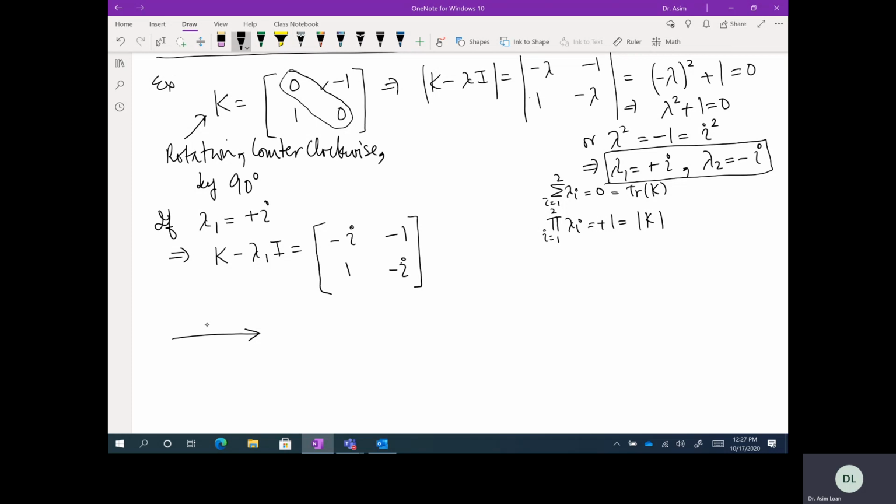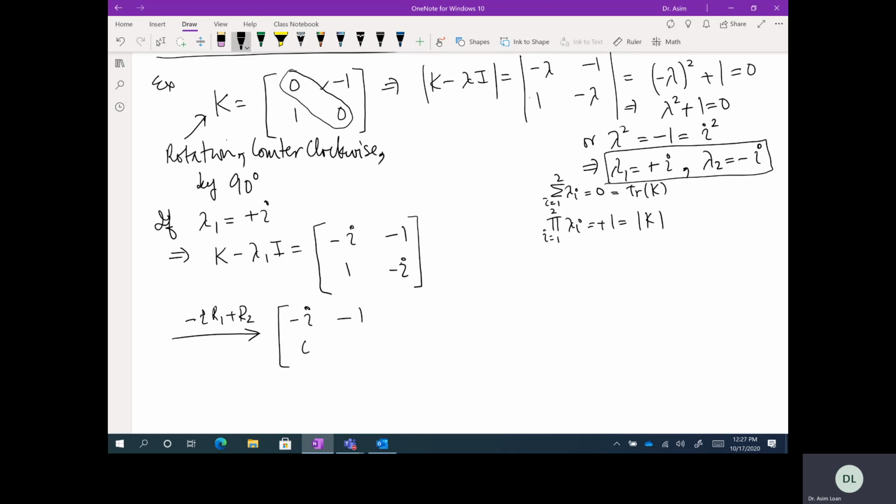So if I do row 1 plus row 2, I'll show you both will give you the same result. If I do minus iota times row 1 plus row 2, minus into minus is plus, iota squared is minus 1.